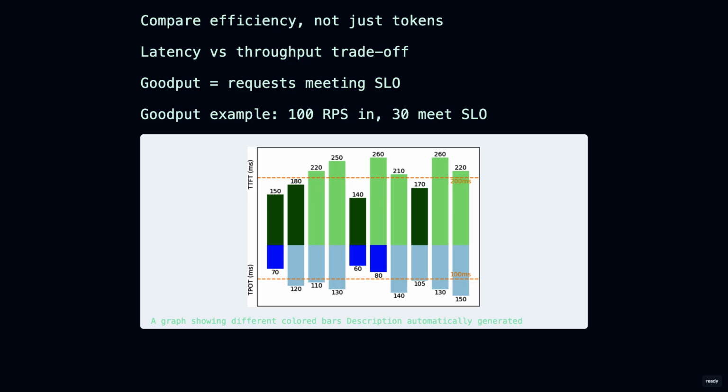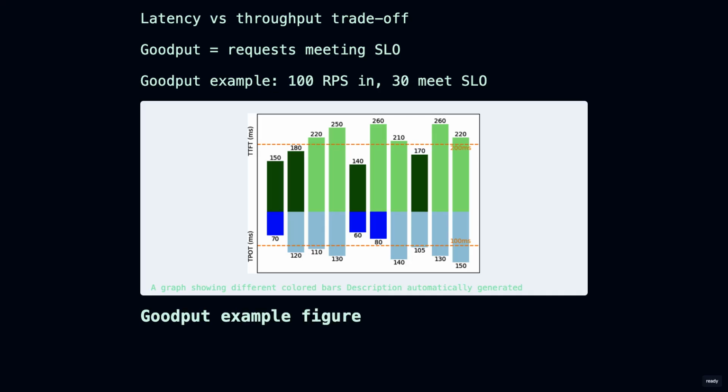The useful portion is the part that meets the service objective. Notice how the chart separates total completions from the subset that satisfies the target. That gap is exactly what Goodput is meant to expose.